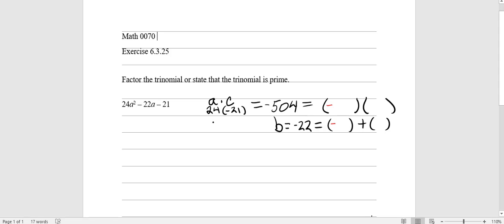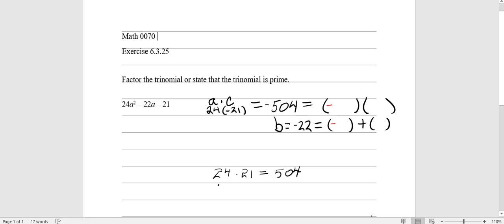Now, I notice that right here, I have two pairs of numbers. I'm going to ignore the sign for a minute. I see that 24 times 21 is 504. Well, I can look at anything that is a factor of these two numbers, and that's going to also be a factor of 504.